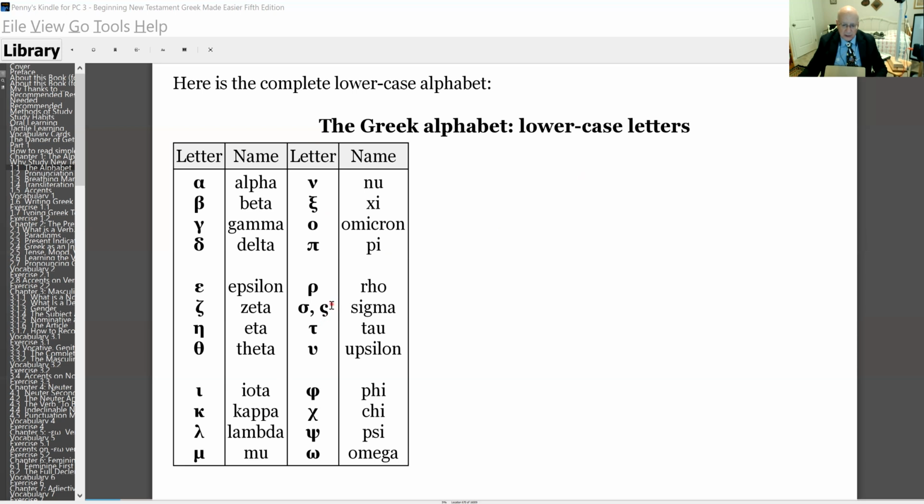Or actually, we just simply write it like an English S. Then tau, upsilon. And the last four are phi, chi, ch is a ch sound, chi, psi, omega. And I think I forgot to mention iota, kappa, lambda, and mu. Now, it's your responsibility to learn the Greek alphabet and also to do the Moodle quizzes.